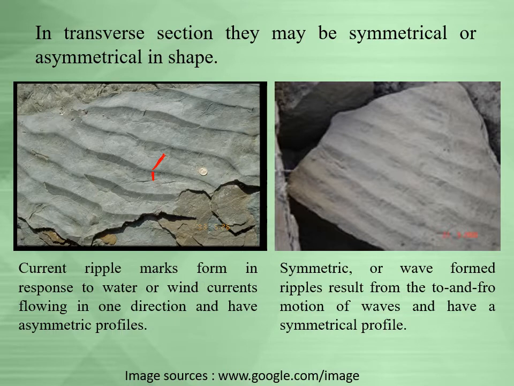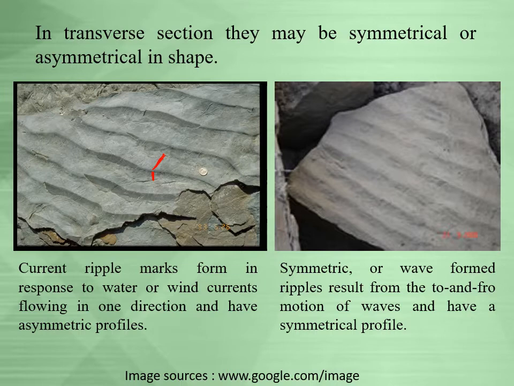So the lee side is steeper than the stoss side, and this kind of asymmetrical ripple forms from a unidirectional flow, or current. That is why they are also known as current ripples.